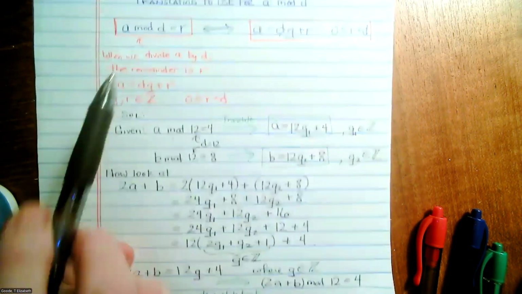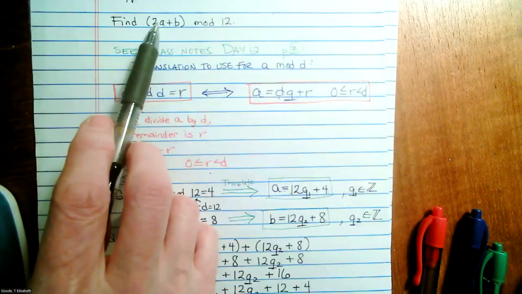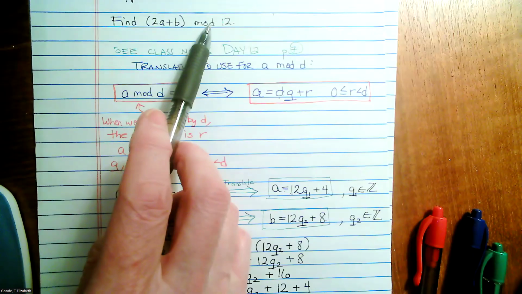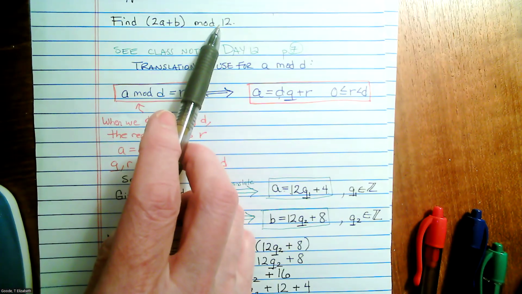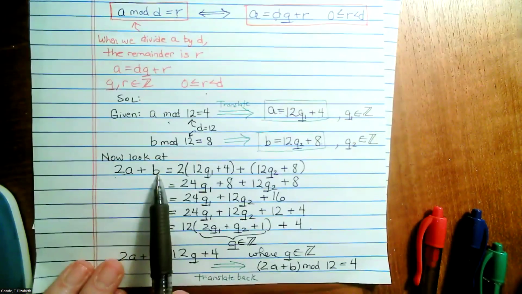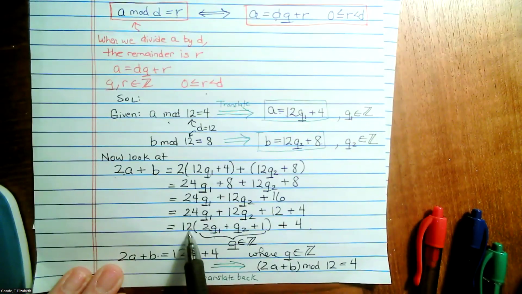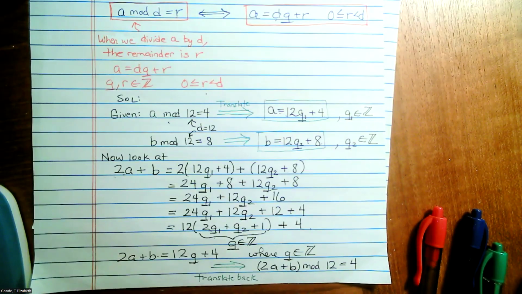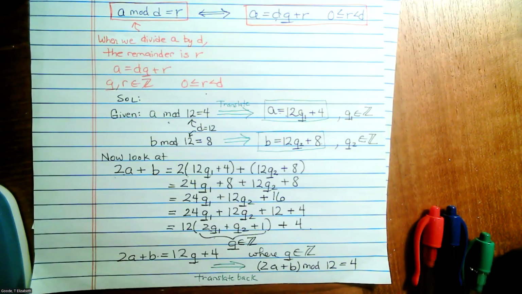Because when we're asked to find 2A plus B mod 12, we're just trying to find out what the remainder is when we divide 2A plus B by 12. So here's 2A plus B. We divided it by 12. We have this many copies of 12 that fit into 2A plus B, and 4 is the remainder. Okay? Yes. Okay, good.